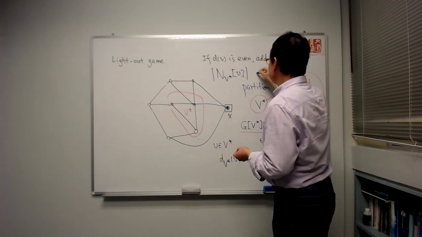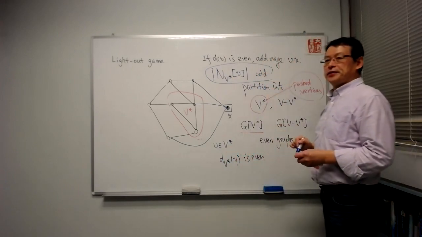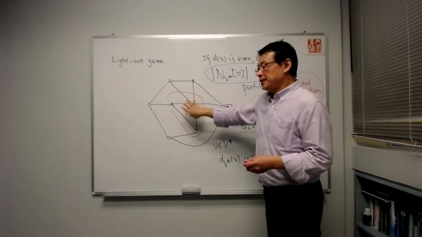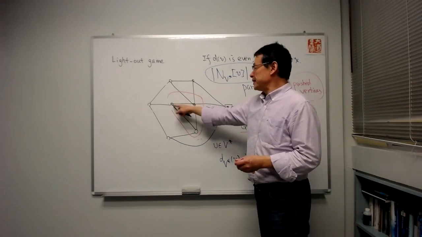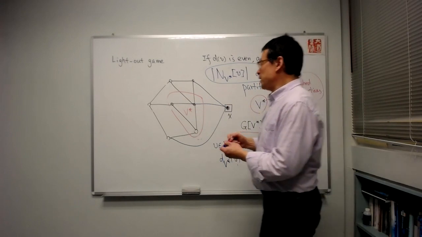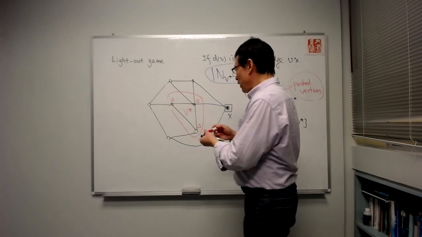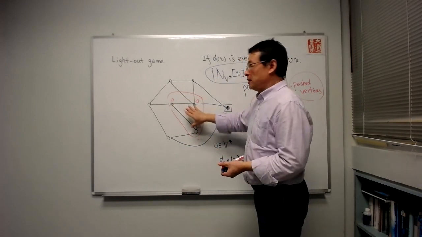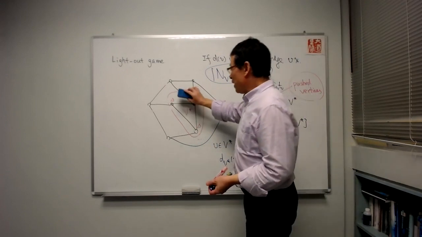The parity of this number is odd. This number is always odd. Because all these vertices are pushed, v is toggled an odd number of times. Therefore, the status of every vertex here will be changed. So initially, lights are on. Once we push all these three vertices, lights will be off. So all of them, lights will be off.